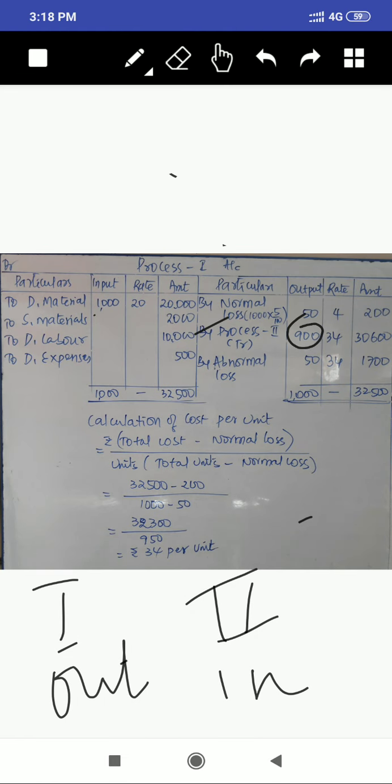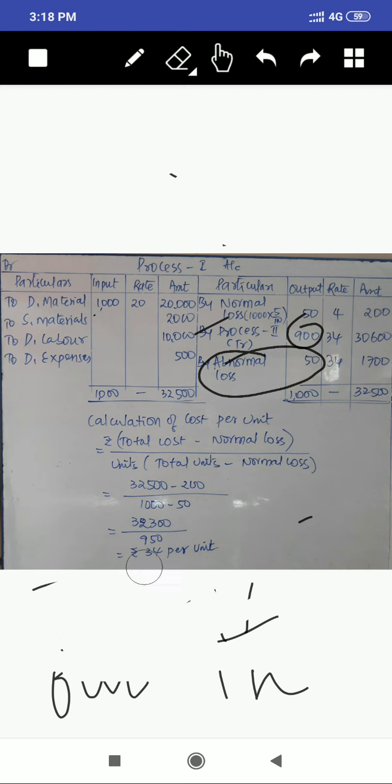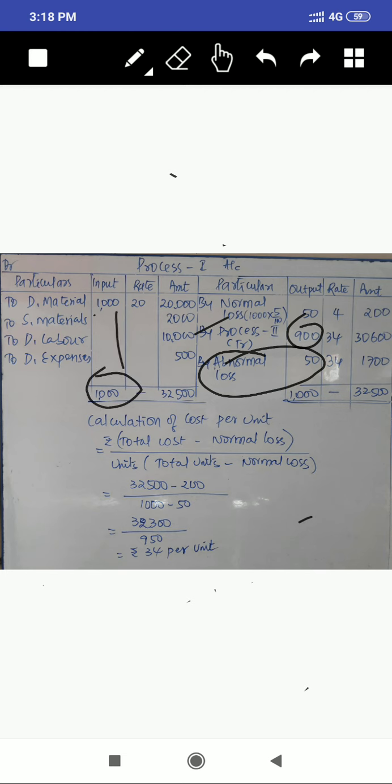Then how does this 34 come and how does this abnormal loss come? That you need to find. How is this to be calculated? Listen carefully. This was the question to you all. First always you have to take the total of this one here, and you write the same here. Out of the 1000 you subtract 50 first.